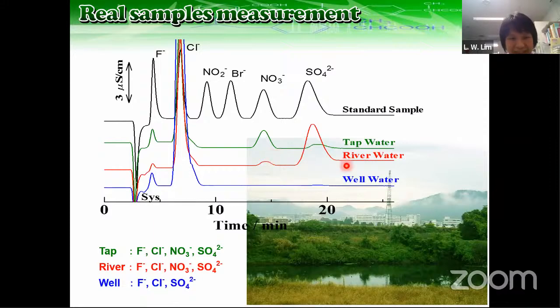For river water, usually you can find some sulfate like this because of acid rain. Sometimes acid rain affects even a pond. I had a project with the local government before, but it is already over.